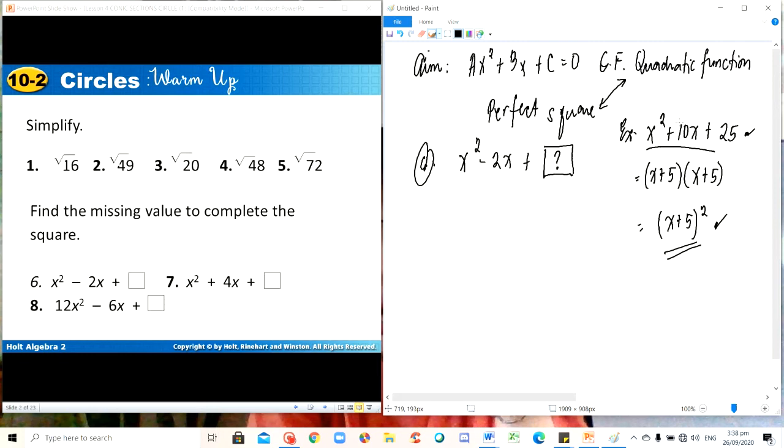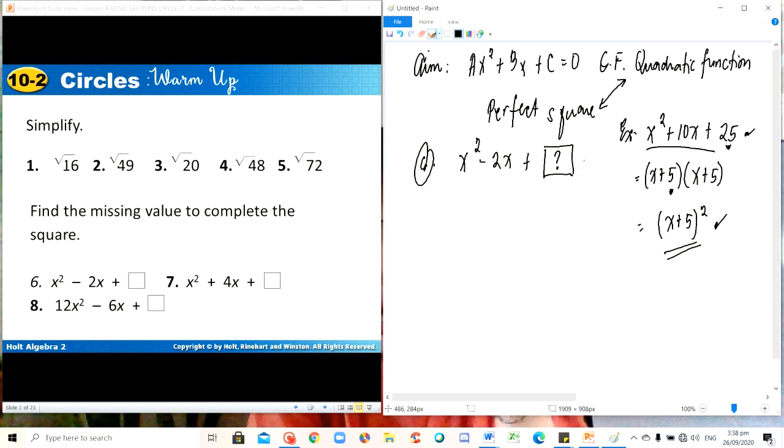How do we do that? Take note that if this is 5, the relationship of 5 and 10 is that twice 5 is 10, or half of 10 is 5. And then take note of 25: 25 is the square of 5.